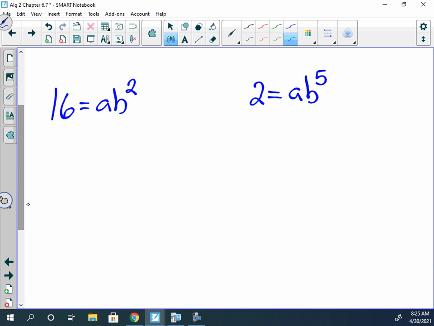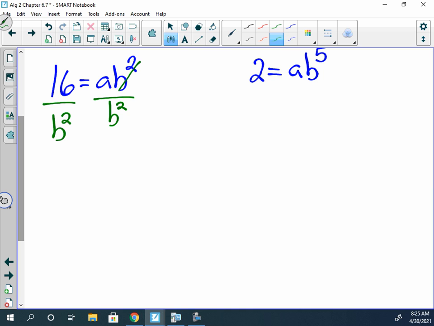So we would look at the one that has 16 equals a b squared, because b squared is less than b to the 5th. So what we do to solve for this here is we divide both sides of this equation by b squared, because b squared divided by b squared will simplify to 1, leaving us with a is equal to 16 divided by b squared.